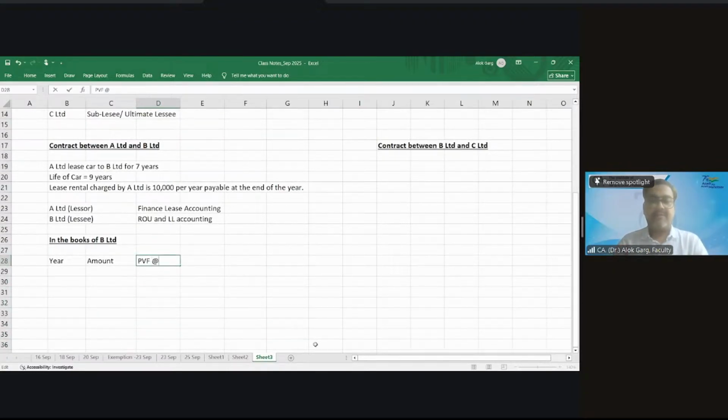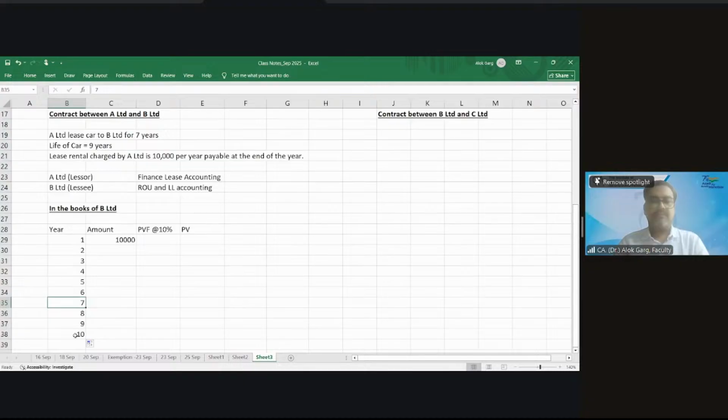PVF at the rate of 10%, then your present value. What is the amount? 10,000 rupees is payable for 7 years, right? Yes, sir.